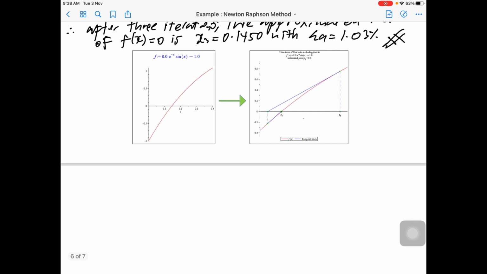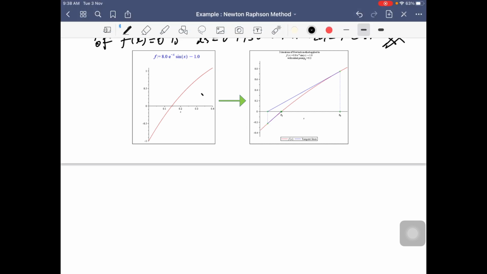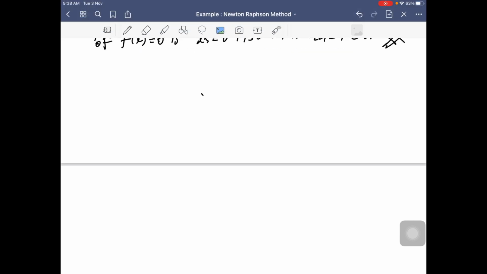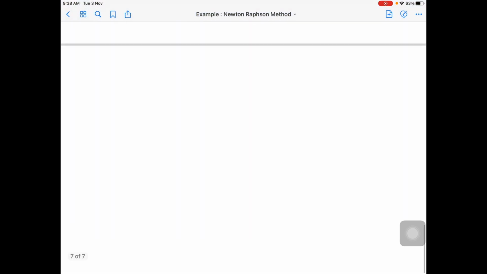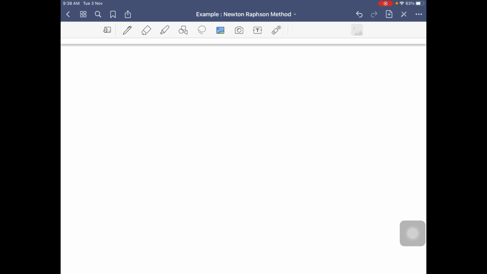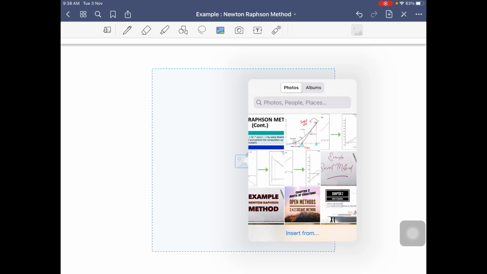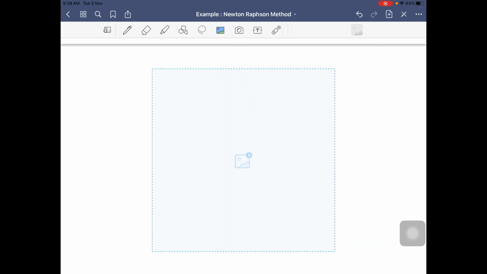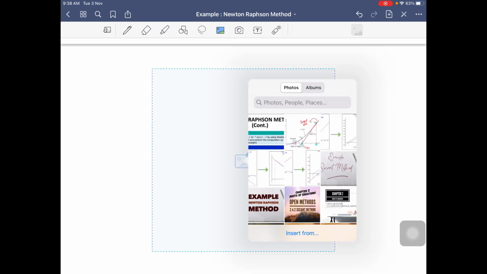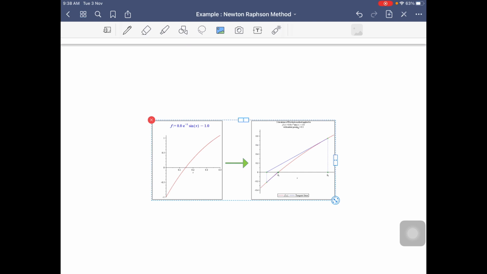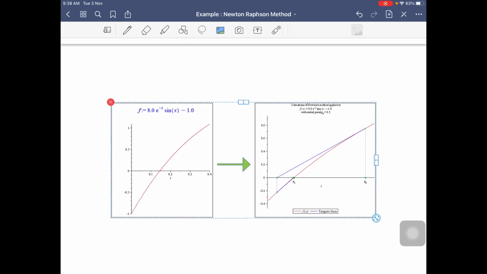Okay, so what we did is actually, saya delete gambar kat sini, saya pindahkan di sini ya. Okay, so this is what we did in this example.